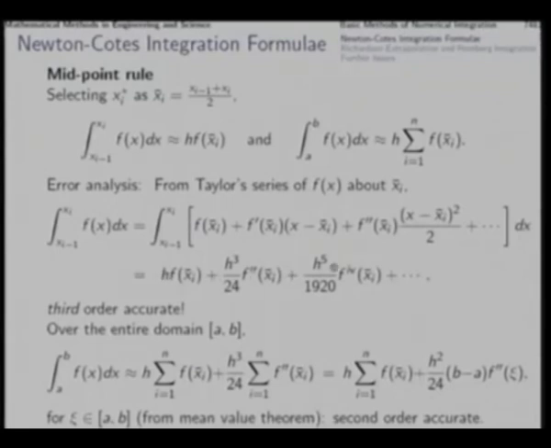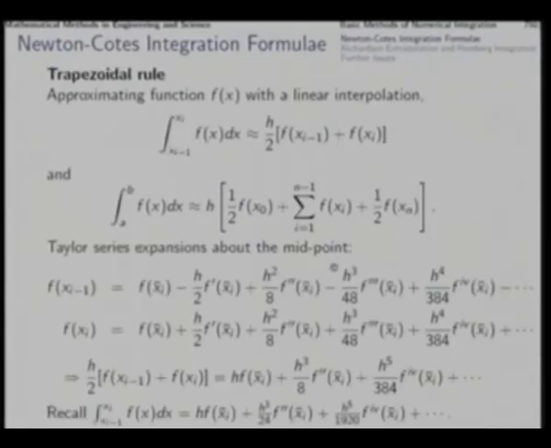So, this is what we got from the trapezoidal rule, and this is what we get by the integration of the Taylor series itself term by term. The difference of these two will give us the error estimate of the trapezoidal rule.